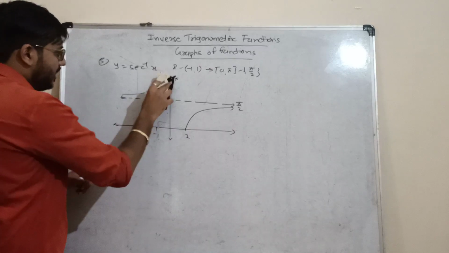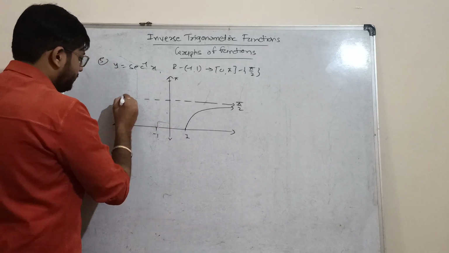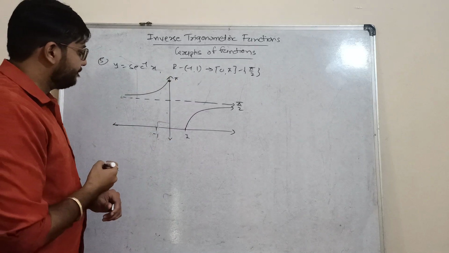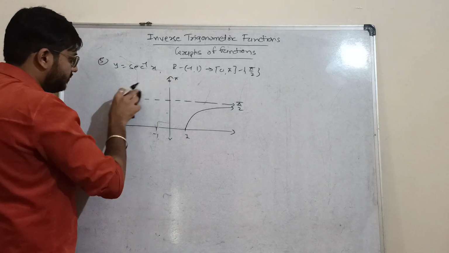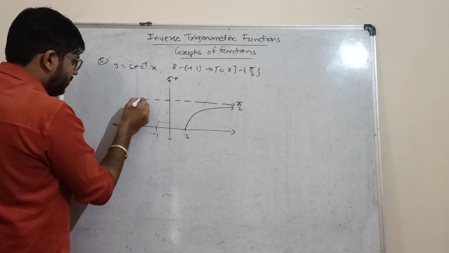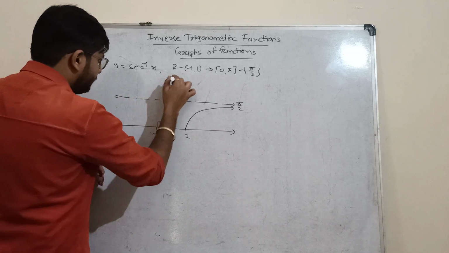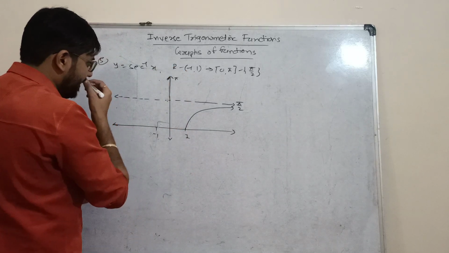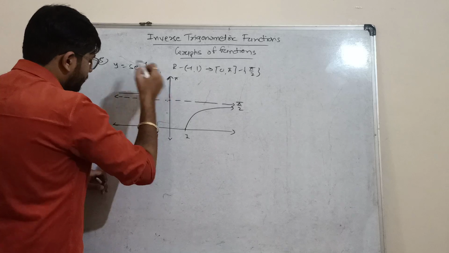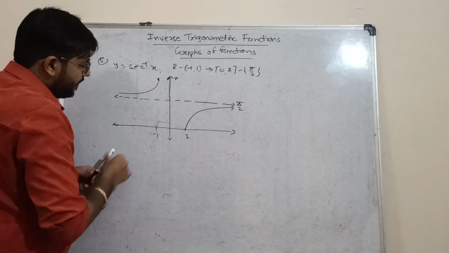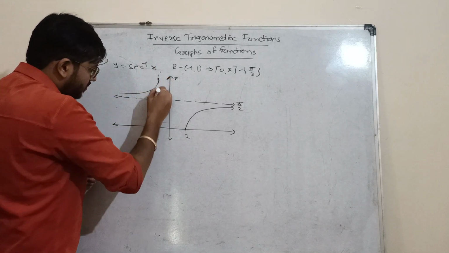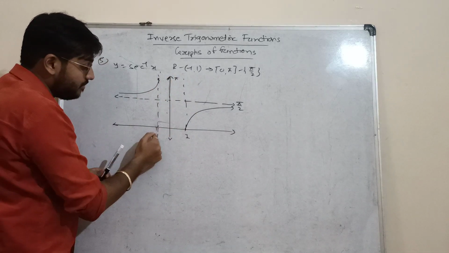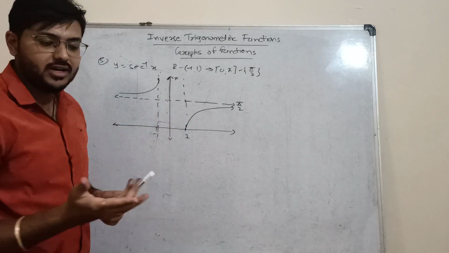Okay, so this is how the graph of sec inverse x looks. At minus 1, if this is pi, here I have to end. So if you check this interval minus 1 to 1, there is no graph. That means in between minus 1 to 1, we don't have any value for sec inverse.